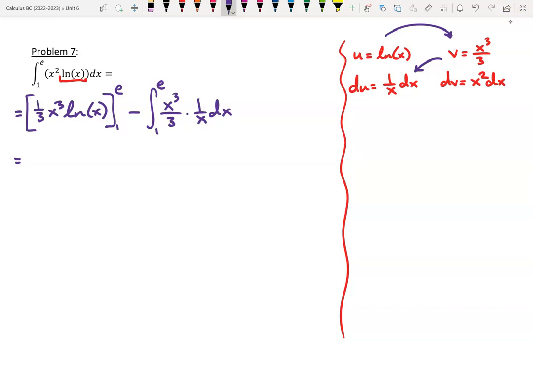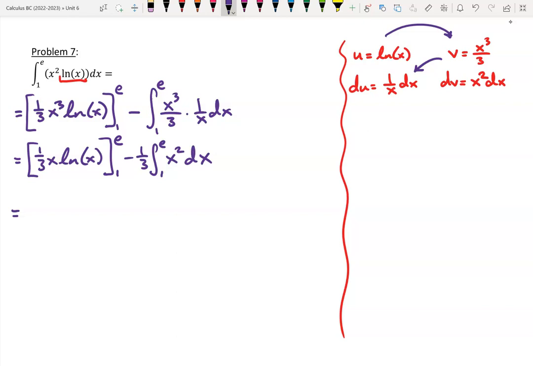So I'm going to rewrite this just with the bounds as is. I want to simplify that integral and take the integral. Hopefully we can see that that becomes 1/3 the integral from 1 to e of just x squared. Something definitely easy enough to simplify there.